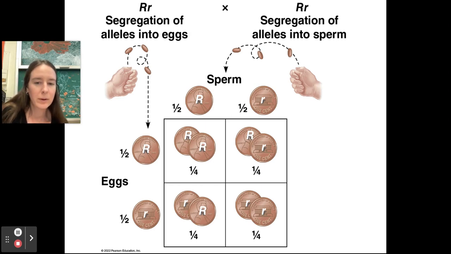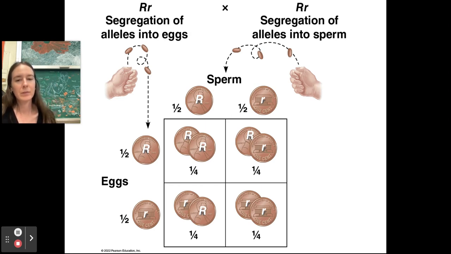So this is how we're going to be figuring out our potential offspring genotypes. Now you're going to notice that you have the same genotypes here. It's just that this little r came from the egg and this big R came from the sperm, whereas this big R came from the egg and this little r came from the sperm. Okay, so we're going to come back to that, but keep this in mind for now.